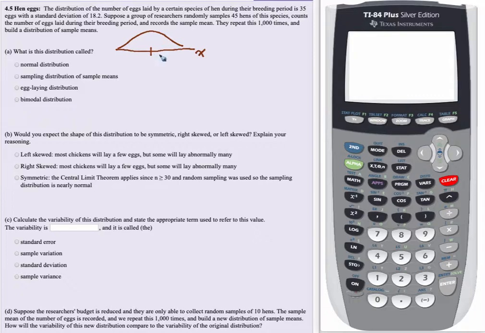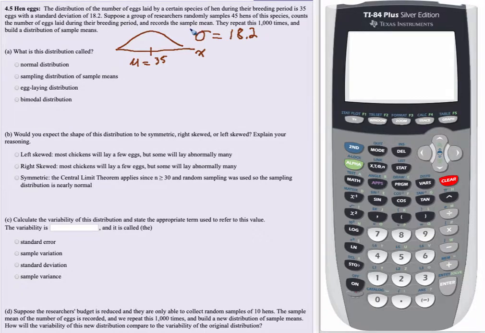So this distribution of eggs has a mean of 35 and a standard deviation equal to 18.2. That given piece tells us that this is the population of hens. Now our researchers sample 45 hens of these species, count the number of eggs laid during the breeding period, and record the sample mean.